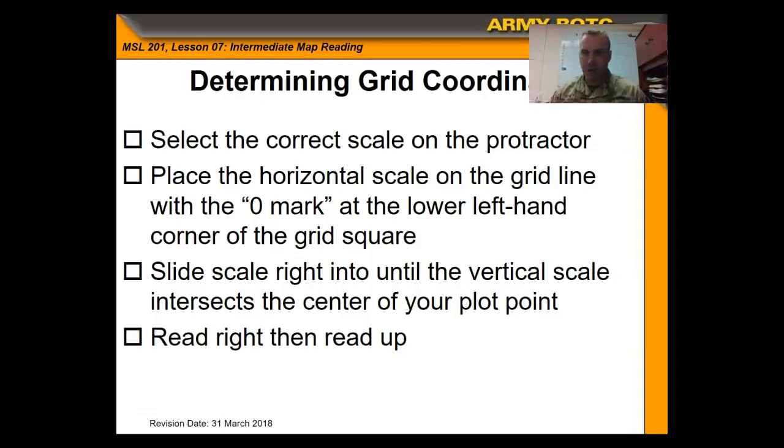So first thing you want to do, again, select the right scale, the proper scale on your protractor, whatever triangle corresponds with the scale of your map. Second, you want to place the horizontal scale on the grid line with the 0, 0 point. So that means the corner of your triangle where the zeros meet, you want to line that up with the horizontal scale on the grid line at the lower left-hand corner of that grid square, whatever grid square you're going to be operating in.